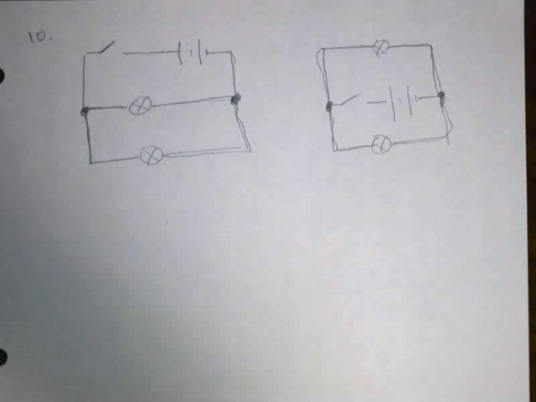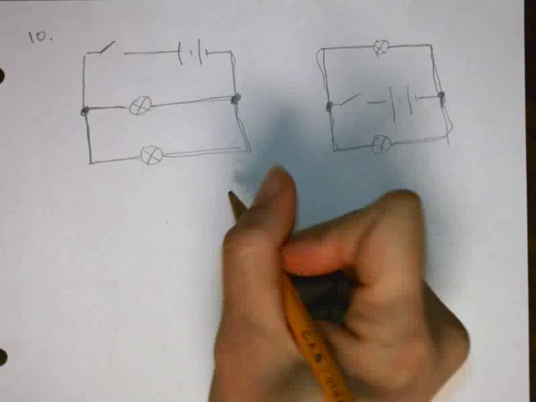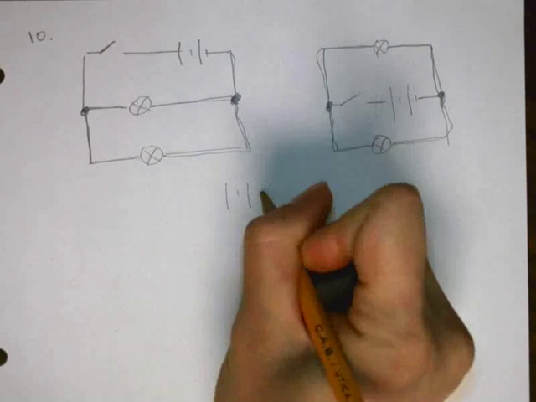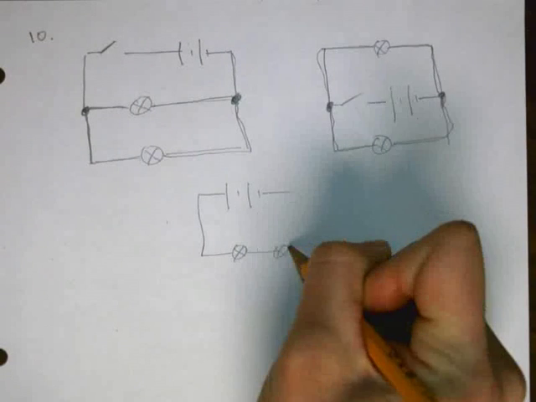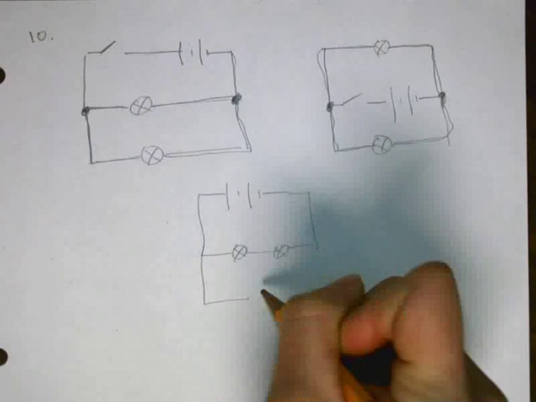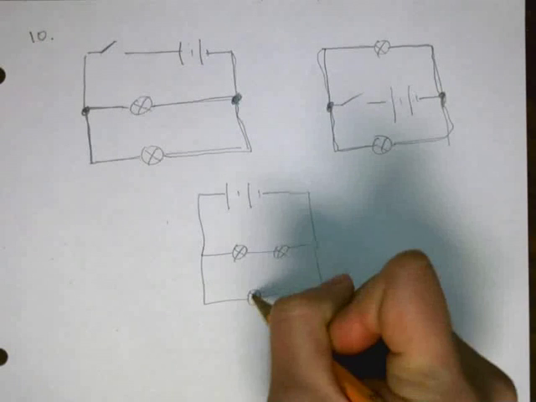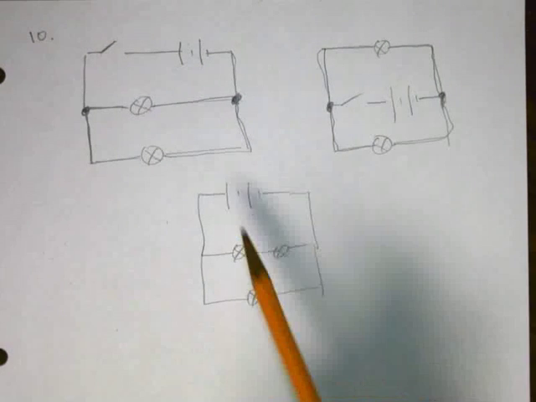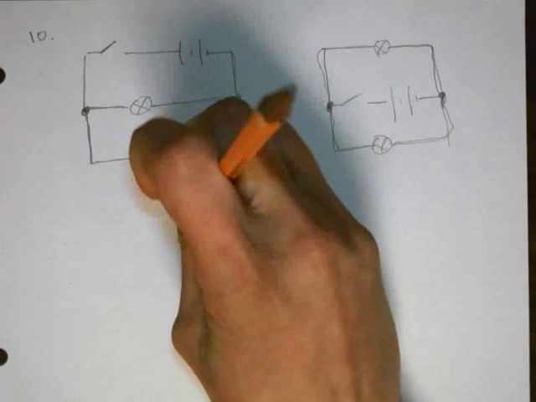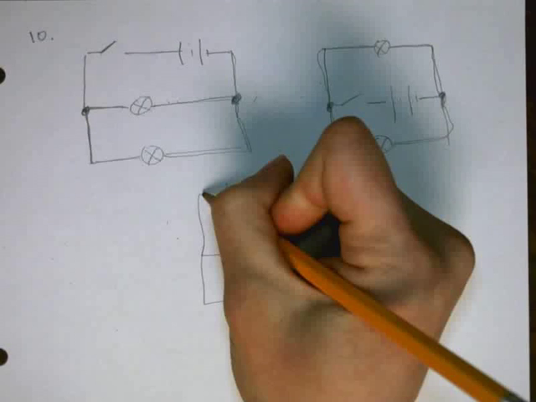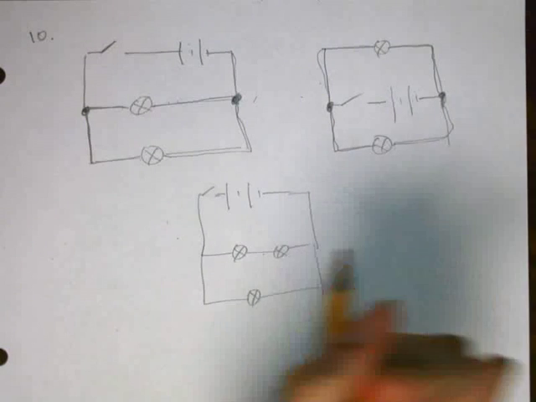So a similar circuit here that would not have parallel connections would look like this. All right, so this at first glance looks almost identical to this circuit. I forgot to put my switch in there. So there's a switch.